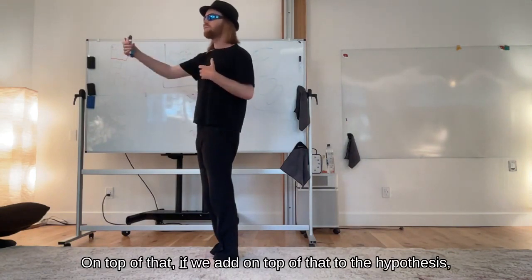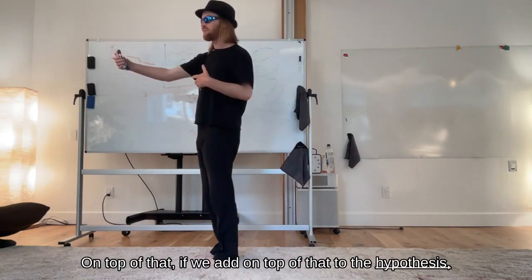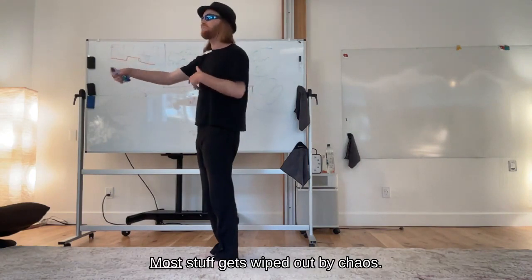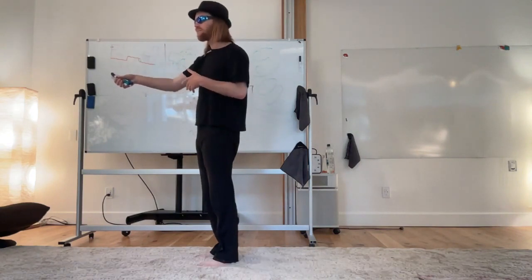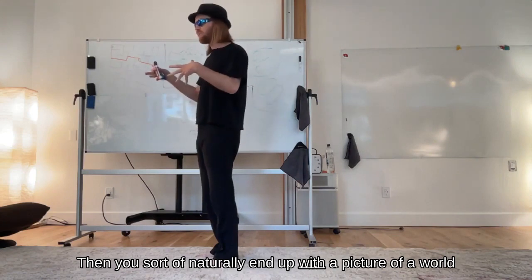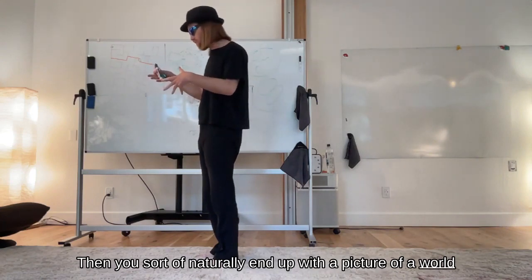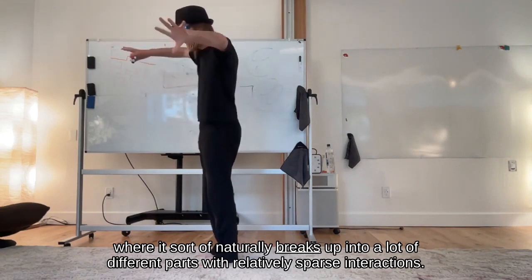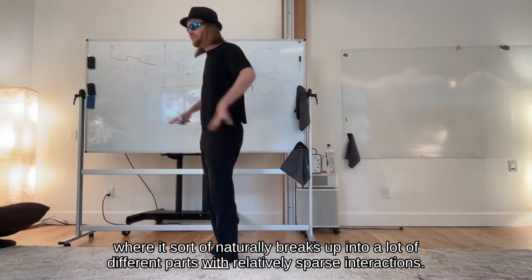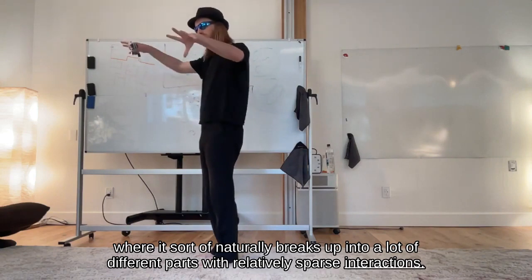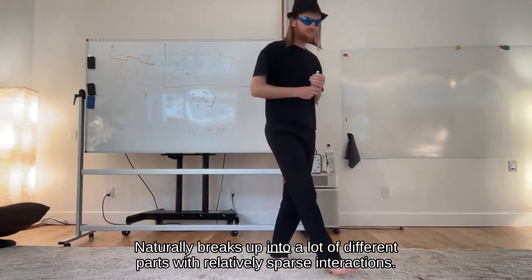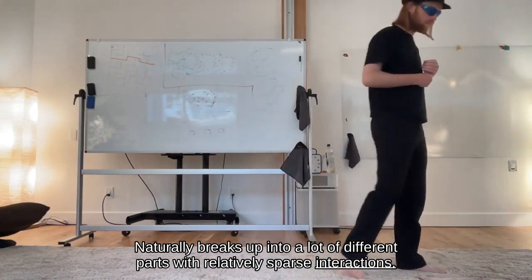On top of that, if we add the hypothesis that there tend to be relatively few conserved quantities, like most stuff gets wiped out by chaos, then you naturally end up with a picture of a world where it naturally breaks up into a lot of different parts with relatively sparse interactions. Does that make sense? Naturally breaks up into a lot of different parts with relatively sparse interactions.